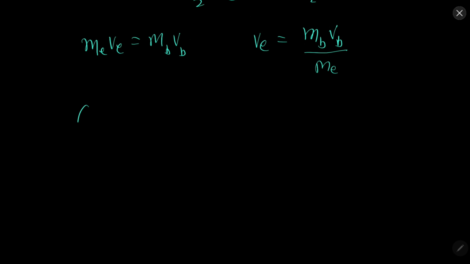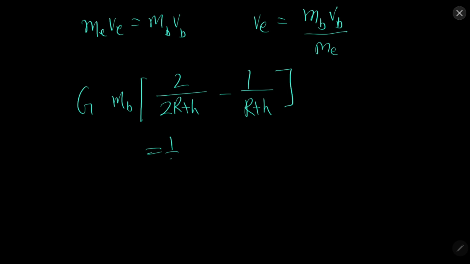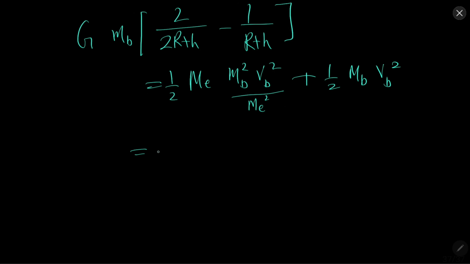So by this, G into mb times (1 over (r plus h by 2) minus 1 over (r plus h)) equals half me mb square vb square over me square into v square plus half mb into vb square. So after simplification, something like this will be there.